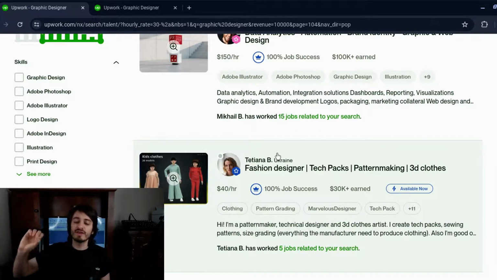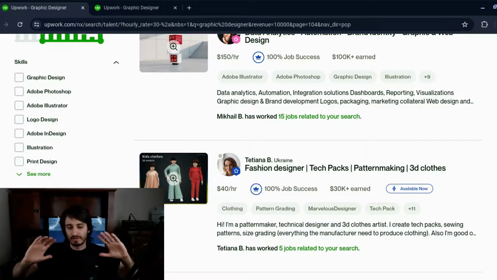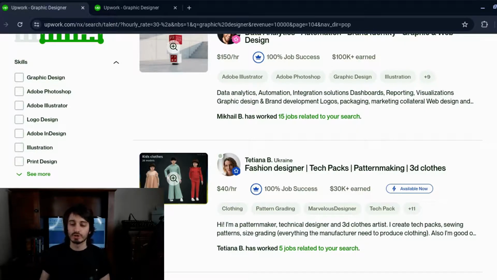And so if your job title has the key skill and the key specialization that the client is looking for, it increases the chance that they click on your profile and send you a message by a lot, right? So try to focus on that.